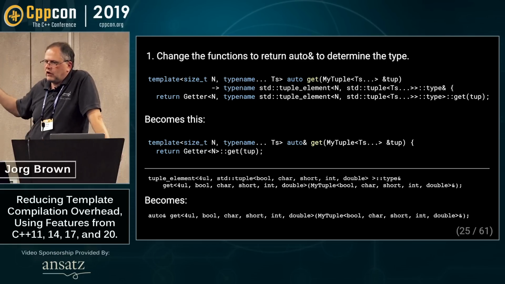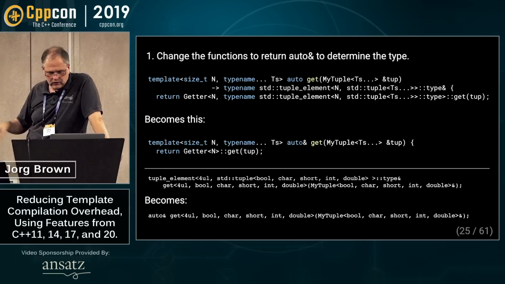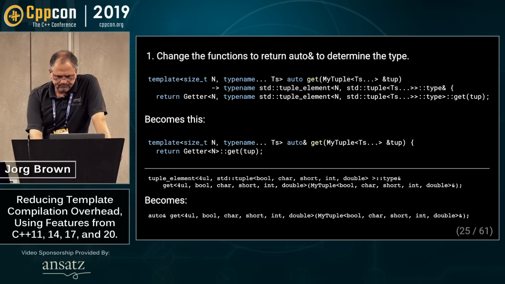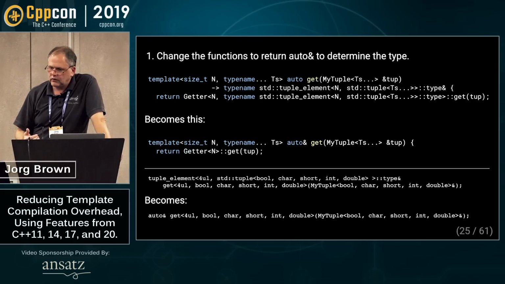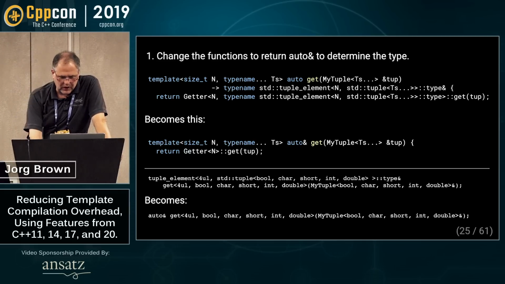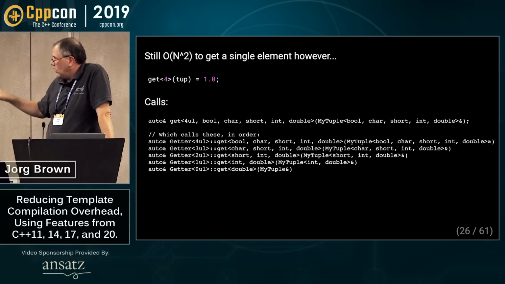So the getter function becomes this, and the mangling for the get function becomes that. So it's a little bit better. But it still doesn't solve the problem. So the question is, can we avoid having to call all of those getter routines?